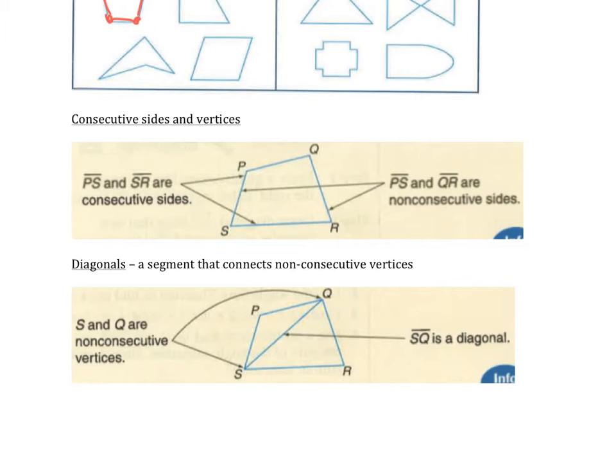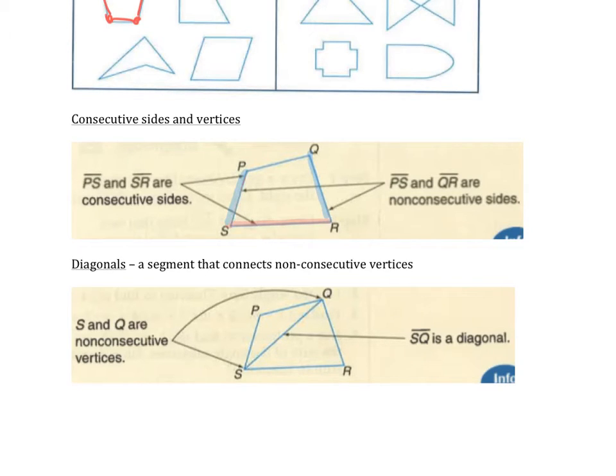In this figure are PS right here, and then SR. So they're right next to each other. And then the example of non-consecutive sides here would be this PS and then QR. So they're not right next to each other. They don't share that common vertex.